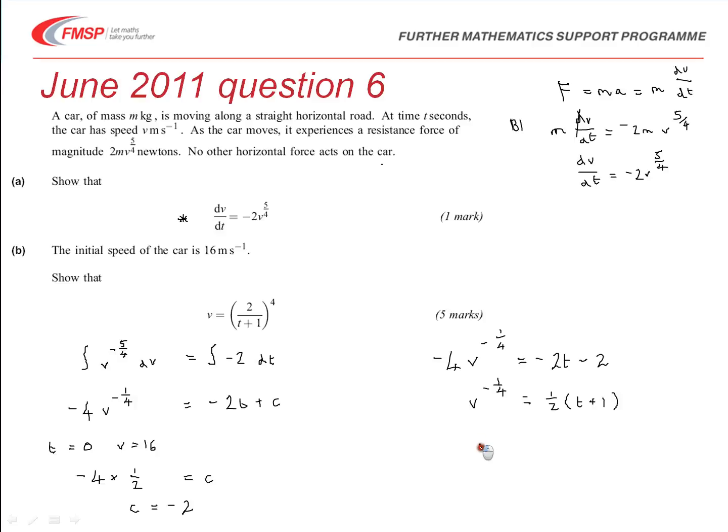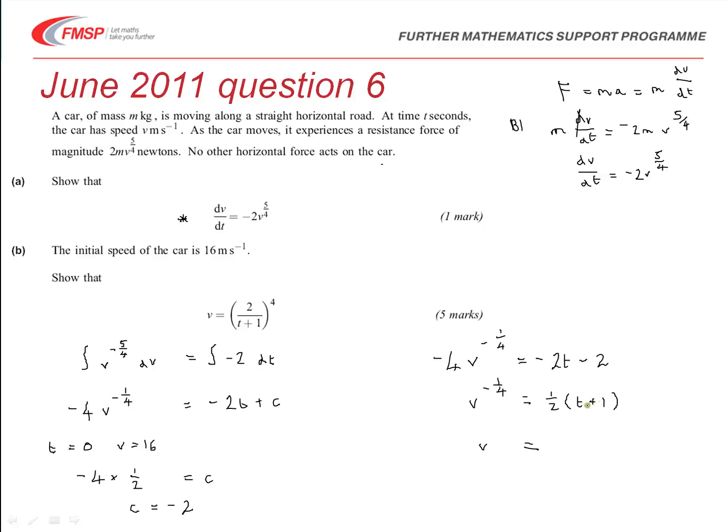to get v, we've got to do this to the power of negative 4. So we've got to do the 4th power and turn this upside down at the same time. So what are we going to get?